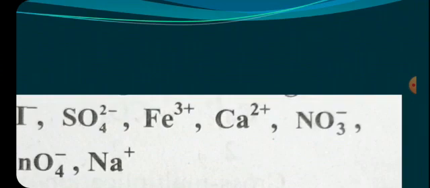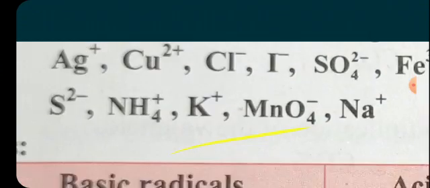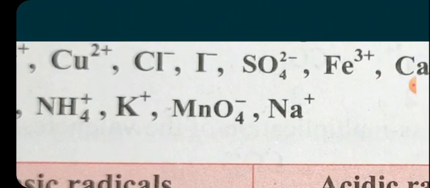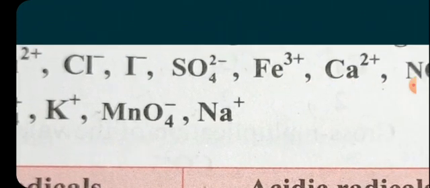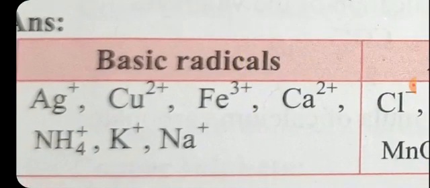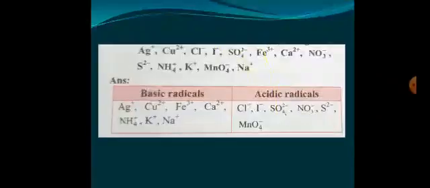Calcium ion, basic. Nitrate ion, acidic. Sulfide ion acidic, ammonium ion basic, potassium ion basic, permanganate ion acidic, and sodium ion basic. So basic radicals and acidic radicals are shown here. You will write this chart in your science practical copy.